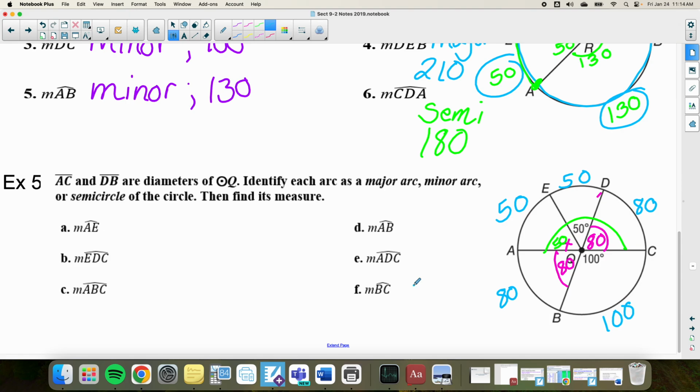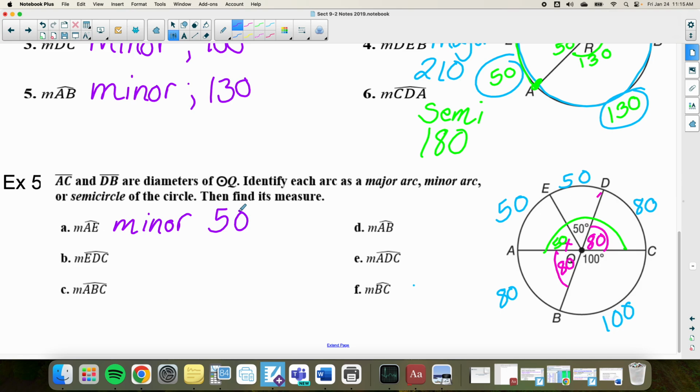All right. So like I said, I think this will be a lot easier if you have the actual paper copy. So now let's look over here, okay? It says the measure of arc AE, 2 letters, so it's minor, and then we know AE is 50. Then they ask us for EDC.